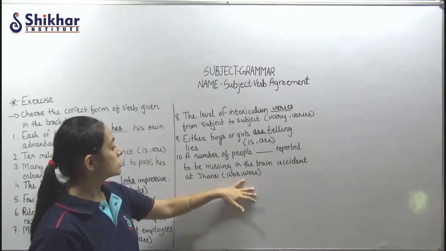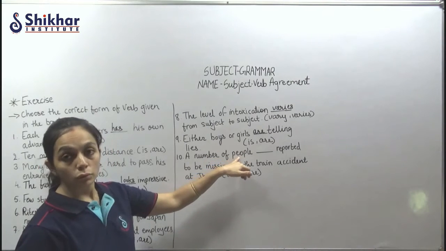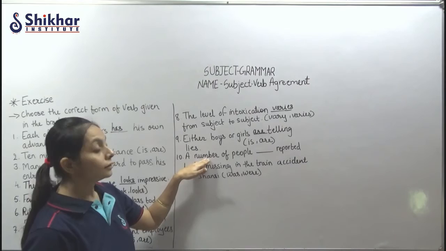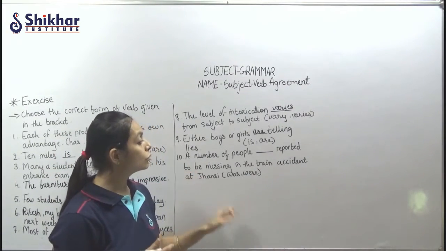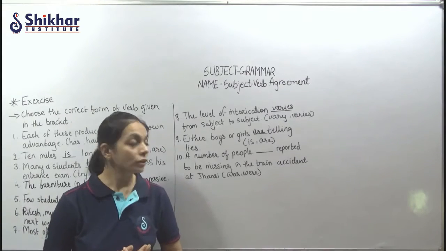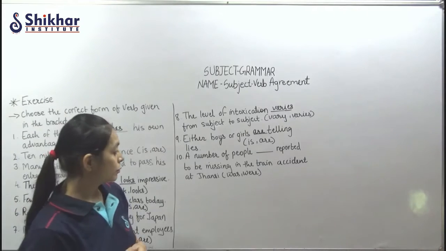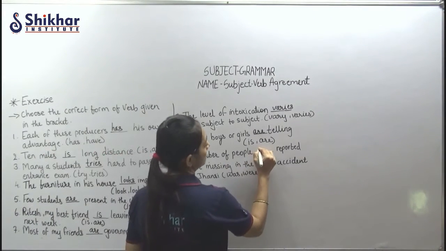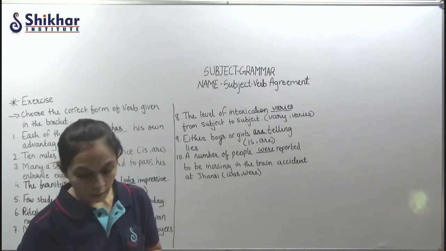So here I have written was and were. So number of people, when we are talking about a group of people, countable noun, plural noun. So how you are going to write? People were reported to be missing. Okay, were reported to be missing.